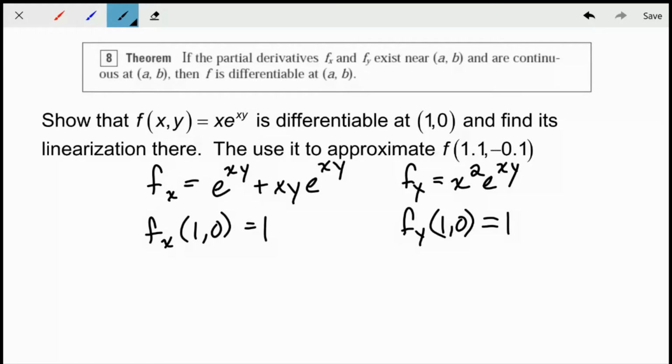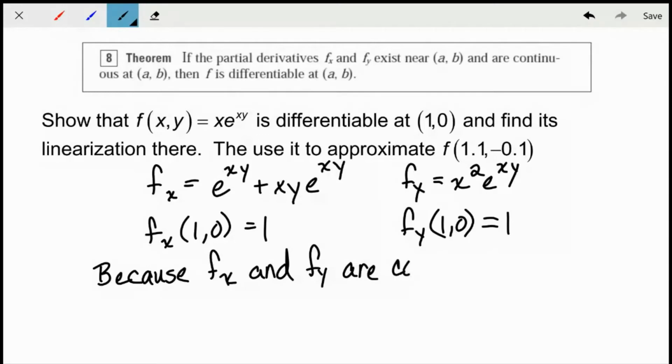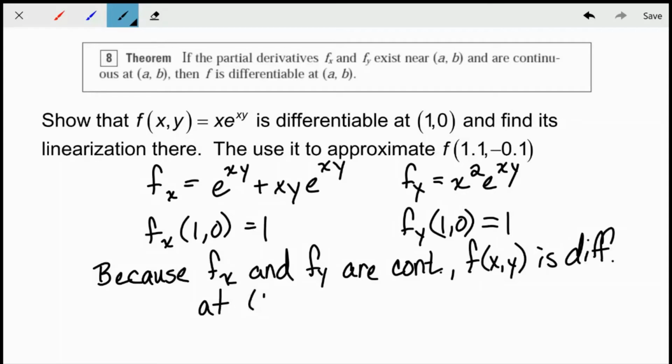So that's what I would state here: because fx, my x partial, and fy are continuous, that means that f of xy is differentiable at the point (1, 0).